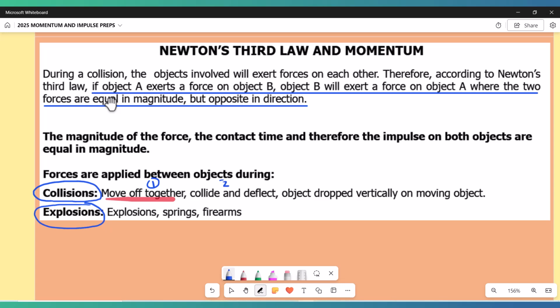Number three, where objects drop vertically on the moving object. Likewise, under explosions, number one, then springs, number two, and firearms, number three. So in your exam, expect any of the six to come to you. We are going to look at them in detail, and we are starting straight away.